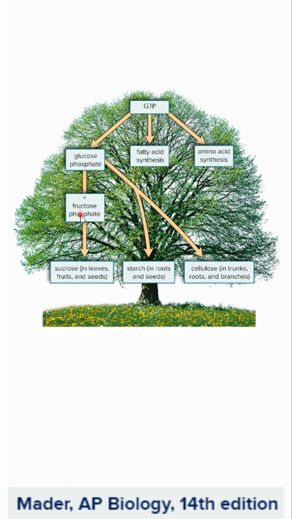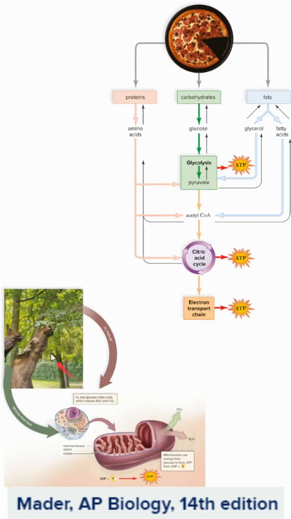If you put glucose and fructose together, you get sucrose. Glucose together can make starch or it can make cellulose. Now, eating plants and getting those organic molecules is ultimately going to be able to convert that energy in the bonds of the sugars back into energy in the bonds of ATP.